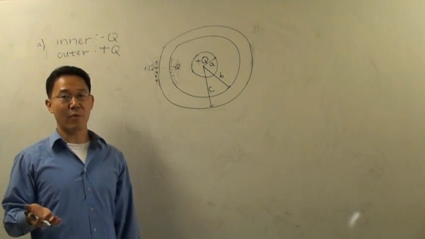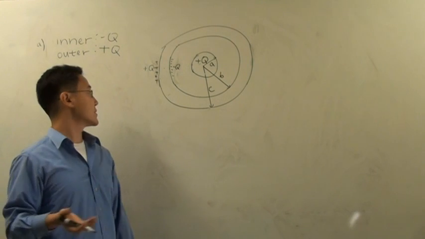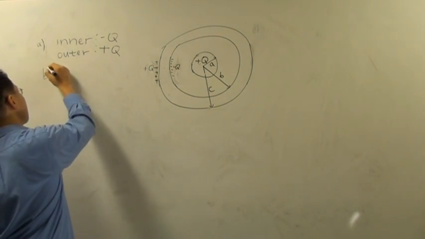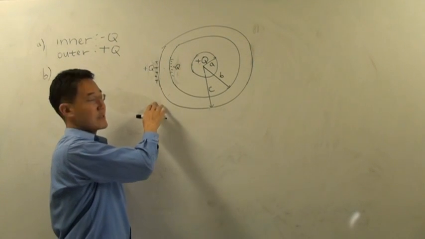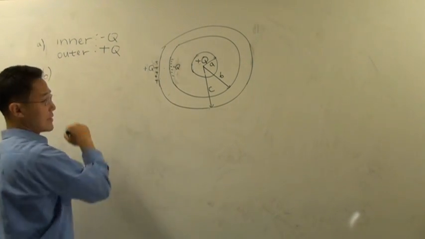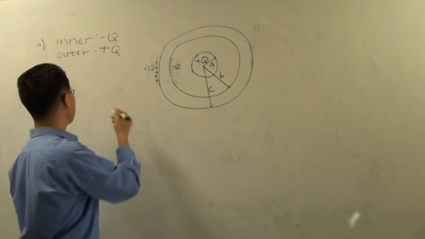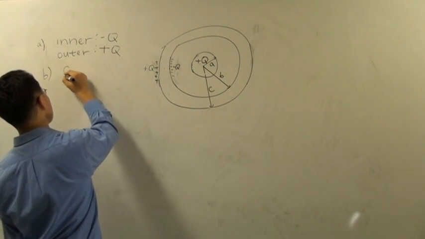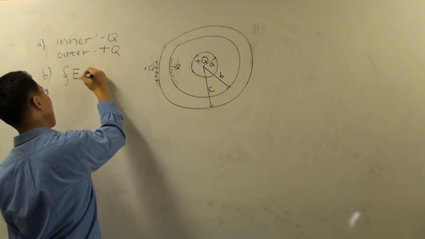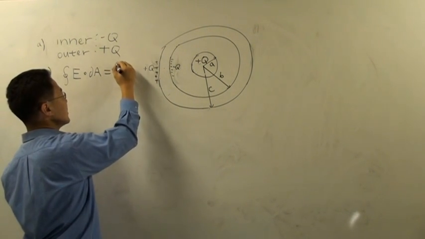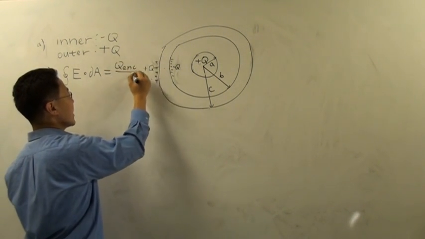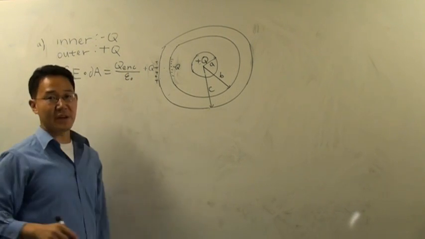The second part of the problem is asking us, what is the electric field at various locations? The expression is given by Gauss's law: the integral of the electric field over a surface is equal to the enclosed charge divided by the permittivity constant.